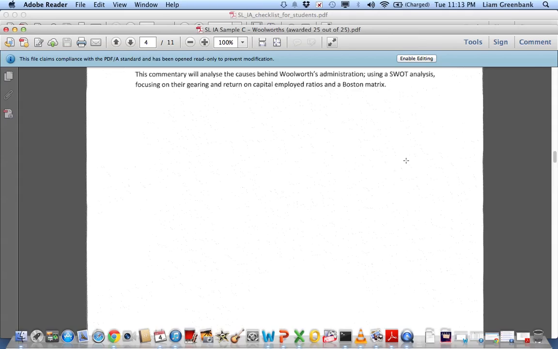What else can we look at? Maybe any stakeholder conflict, any problems between stakeholders that might have arisen as a result of the introduction of a new growth strategy that you're looking at.